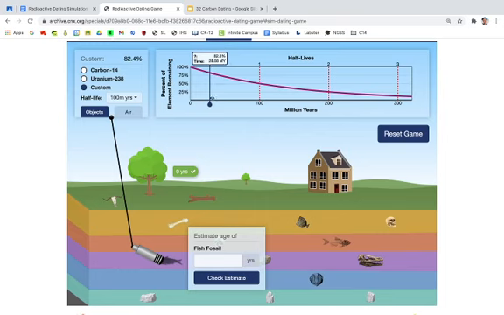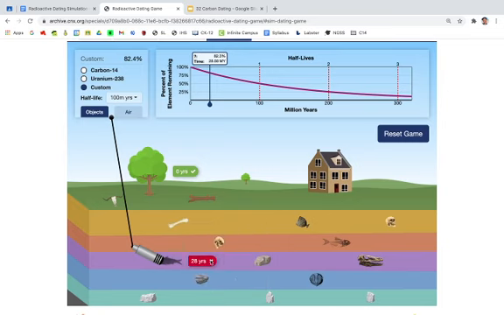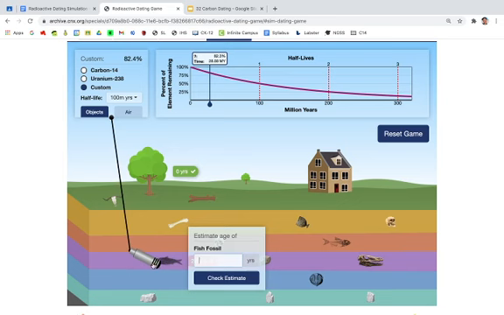MY is million years. Okay, let's plug that in and check it. So we cannot put in 28.08 million years. This is not good. We cannot use this. It will be red like that. Okay, so that's not gonna work.